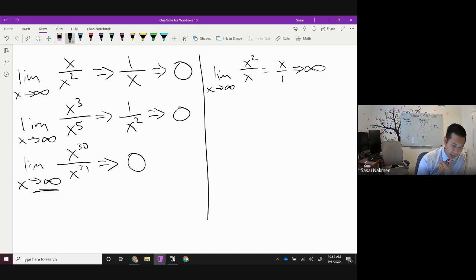So things to keep in mind, right, is to look at the degree of your functions, if you're dealing with infinity in particular, right? So if the denominator has a greater degree than the numerator, this thing's going to approach 0 most likely, right?